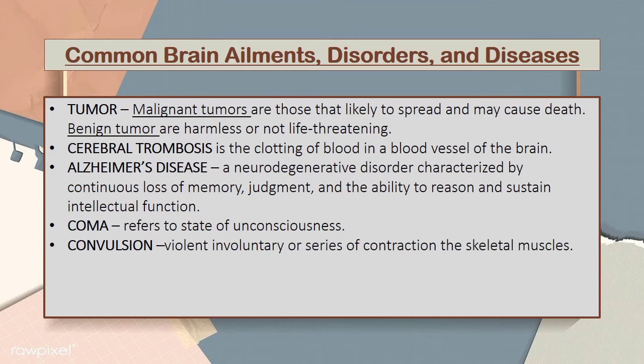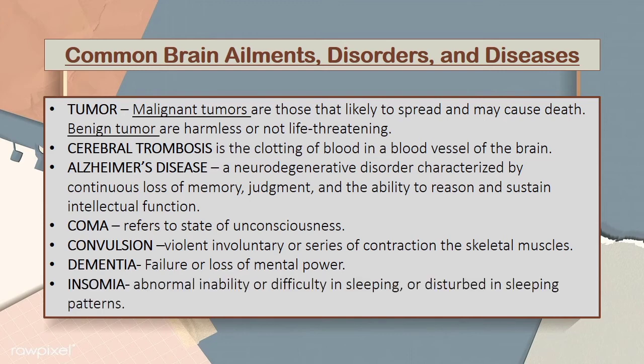It is a violent, involuntary series of contractions of the skeletal muscles. Dementia. It is a failure or loss of mental power. And insomnia is the inability or difficulty in sleeping, or disturbance in sleeping patterns.